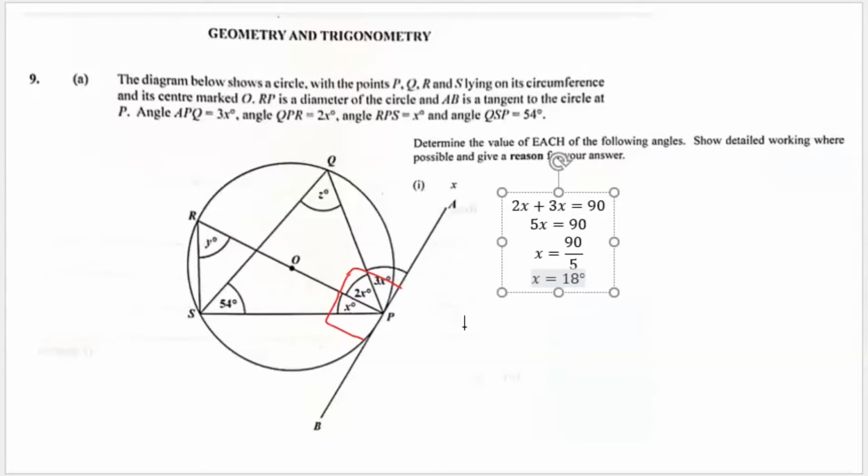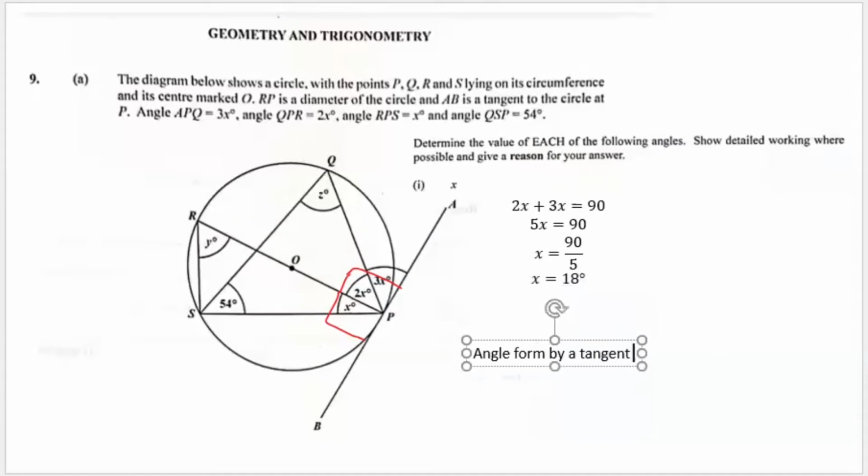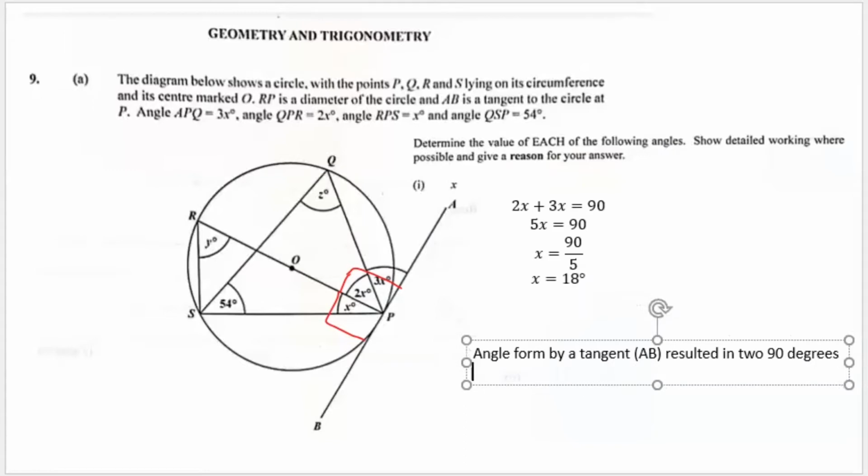And the reason that we're going to use is that the angle formed by a tangent, which the tangent is AB, resulted in 90 degrees when intersected by the diameter PR.